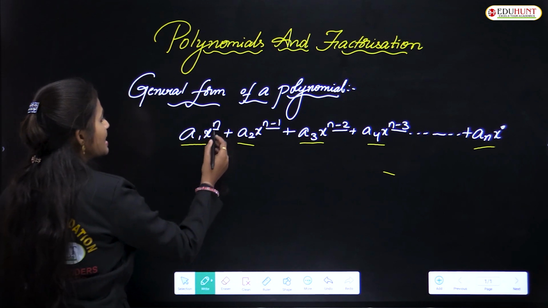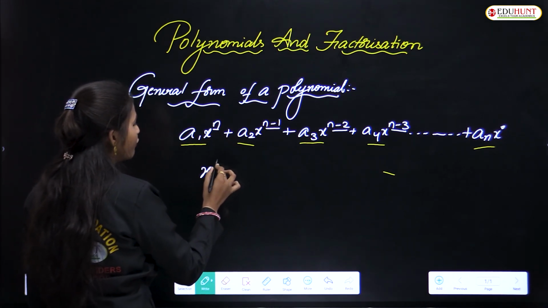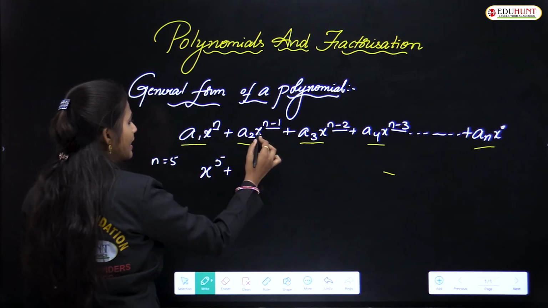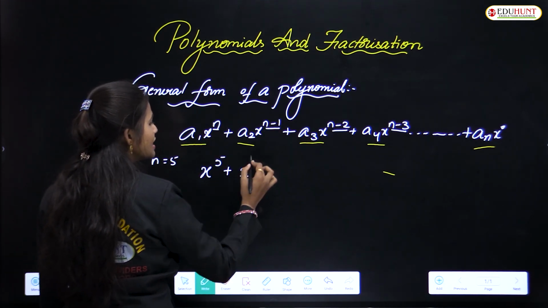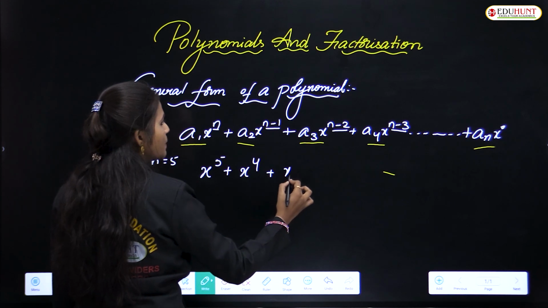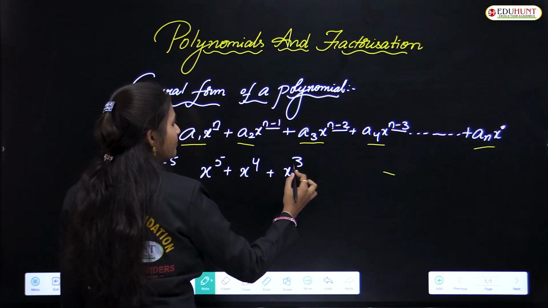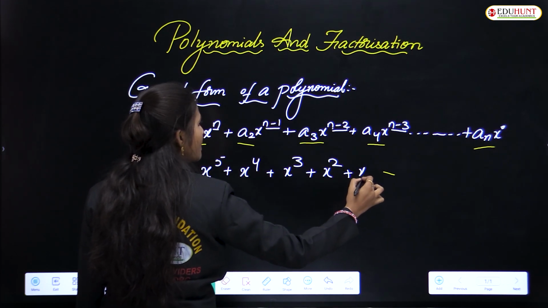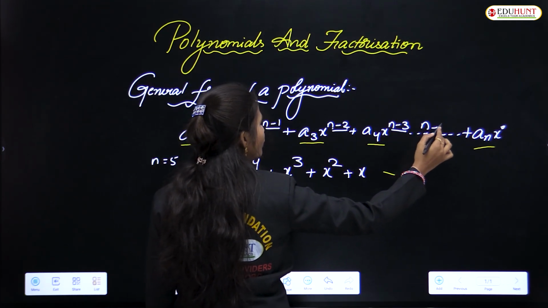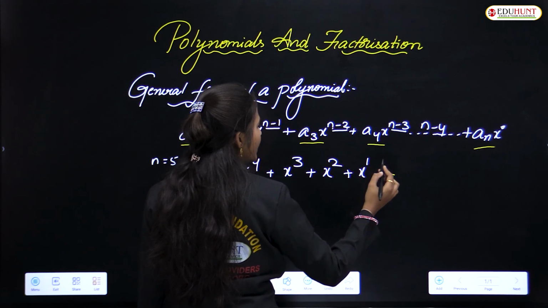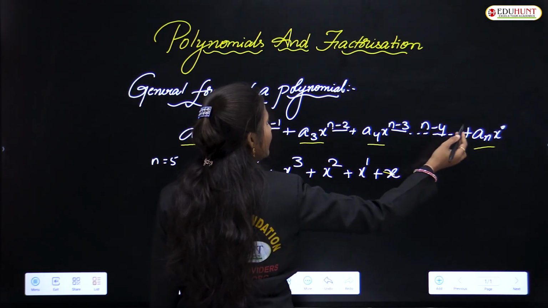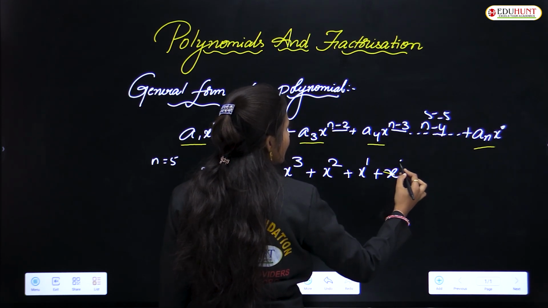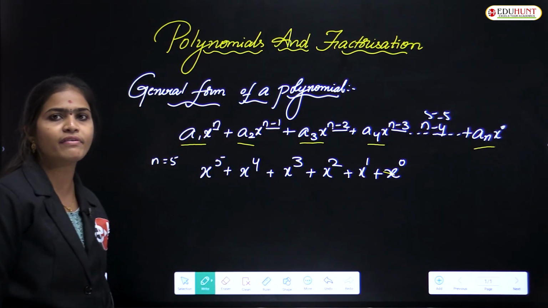For example, x power 5 is there here, so n is equal to 5. Then x power 5 minus 1 is 4, x power 5 minus 2 is 3, x power 5 minus 3 is 2, 5 minus 4 is 1, and 5 minus 5 is 0, so we can write this as x power 0.